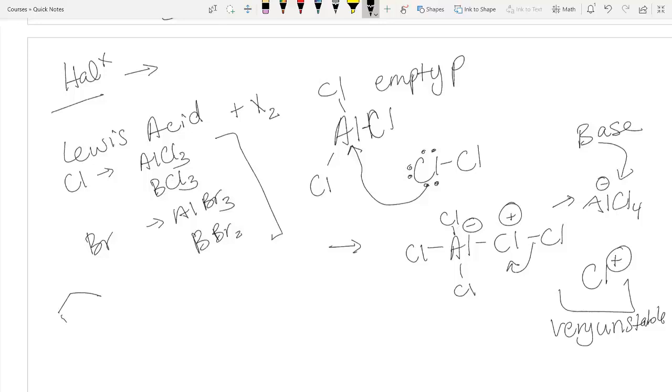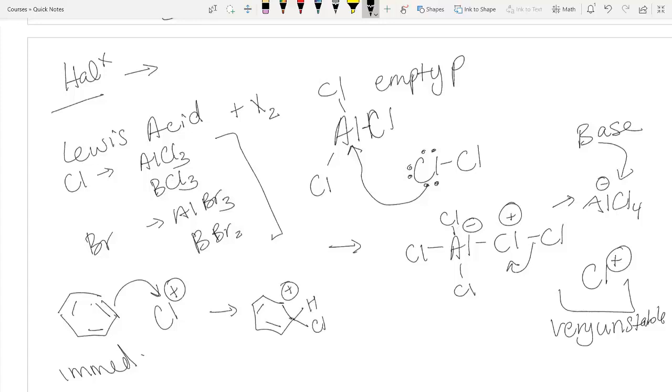So if you take your aromatic ring, again, we're just going to use benzene as our example. You have Cl+, it's very unstable, so as soon as it forms, the benzene is going to attack the halide cation, which is highly unstable.